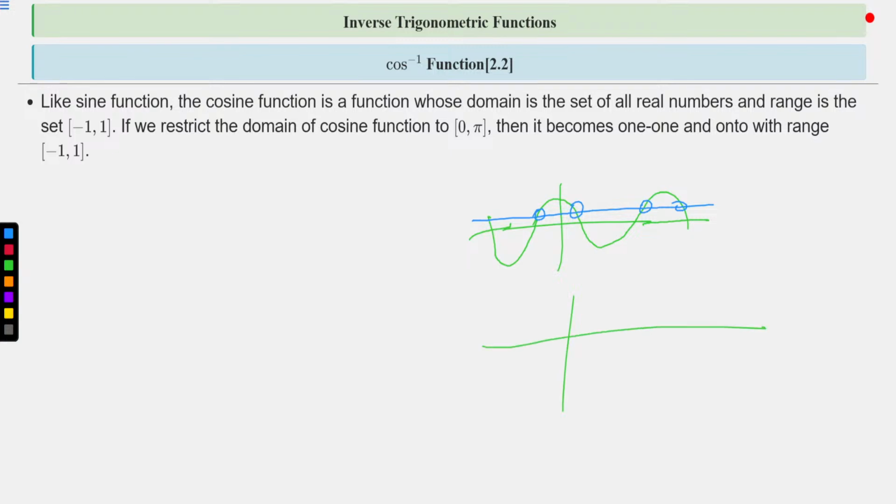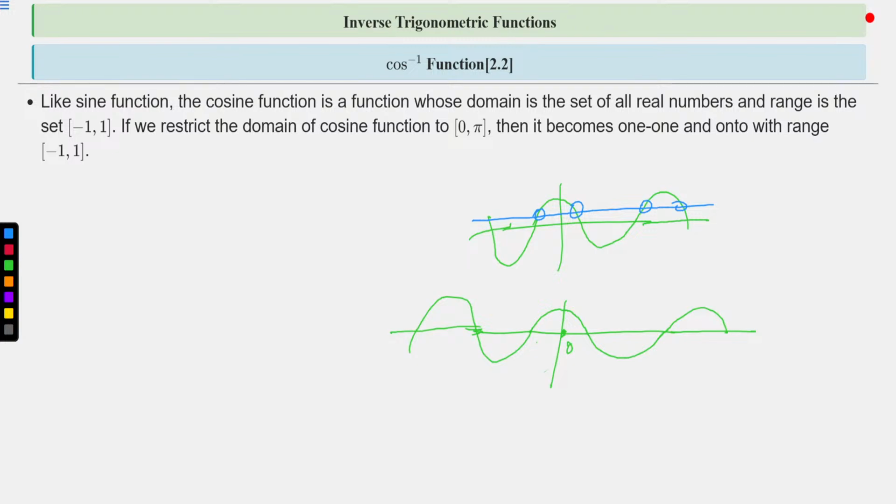But when you restrict the domain from 0 to pi, suppose we have restricted the domain from 0 to pi like that.